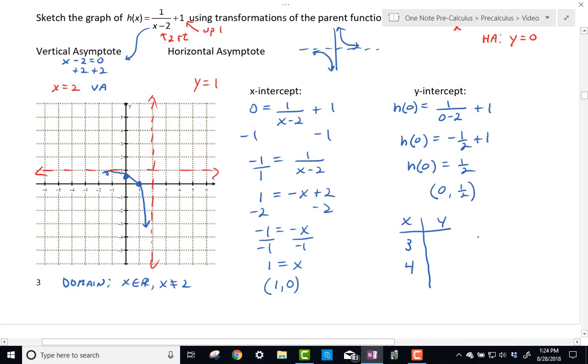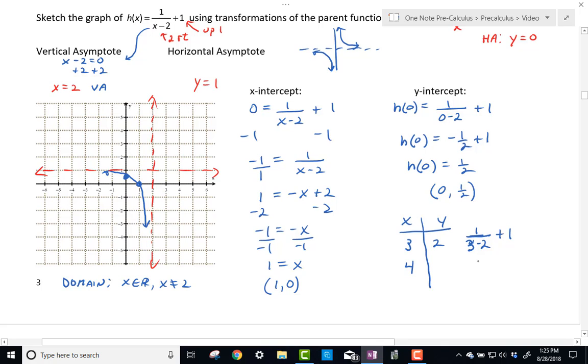Here we go. This is going to be 1 over 3 minus 2 plus 1. Well, 3 minus 2 is 1, 1 over 1 is 1, and 1 plus 1 is 2. So this whole thing equals 2.